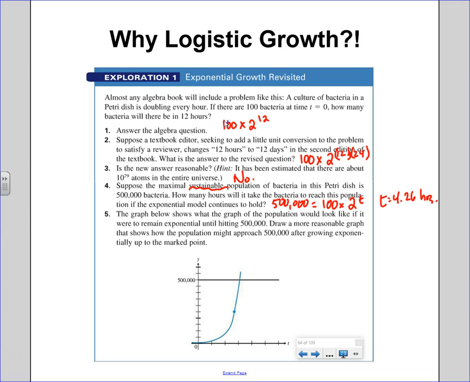Can anybody think of a situation where there might be a maximal sustainable population outside of the petri dish, and how that would naturally occur? Chickens. Sure. How about gazelles in Africa?